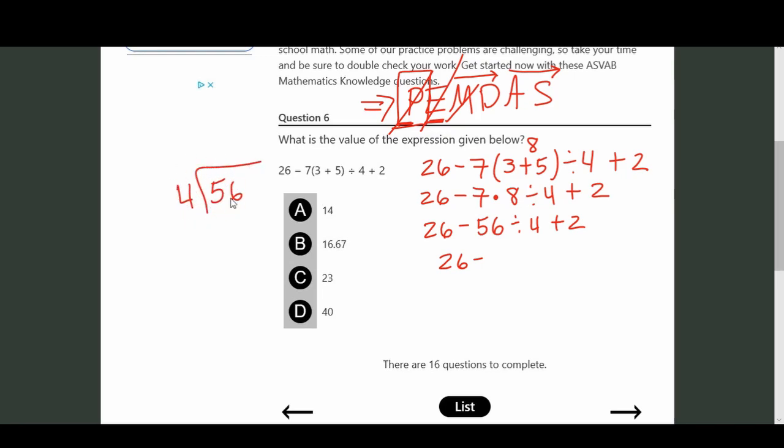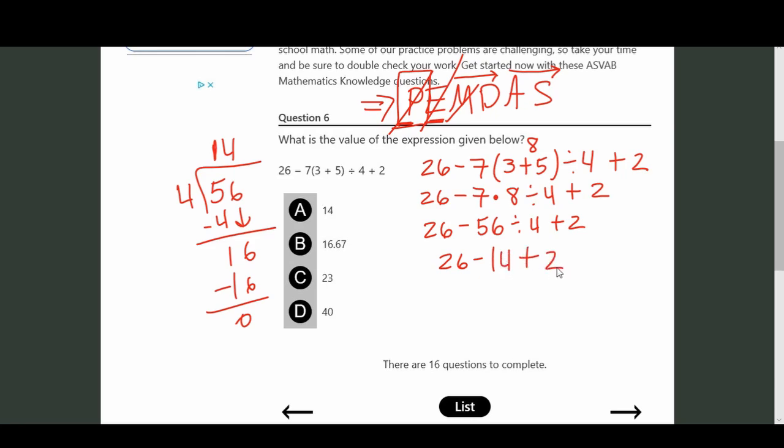There's no shame in doing the work off to the side so you don't make a mistake. 4 goes into 5 one time without going over. 1 times 4 is 4. Subtract. 5 minus 4 is 1. Drop down this 6. 4 goes into 16 4 times without going over. 4 times 4 is 16, so we can see there's no remainder. Ergo, 56 divided by 4 is 14.